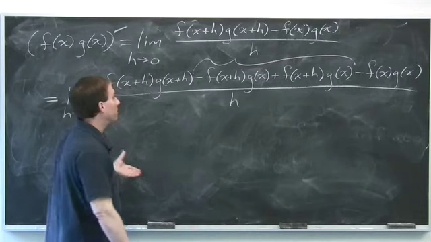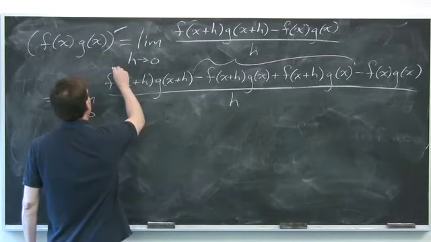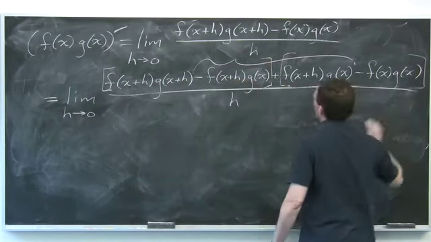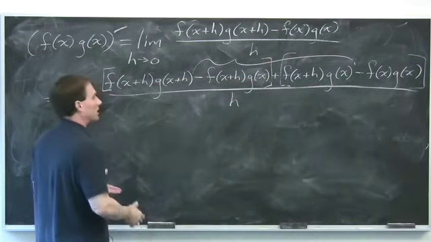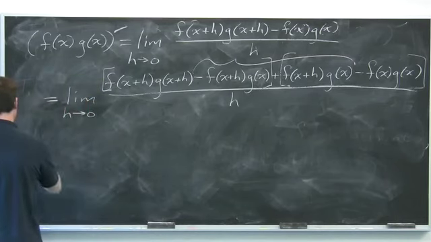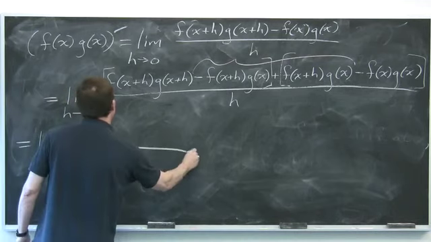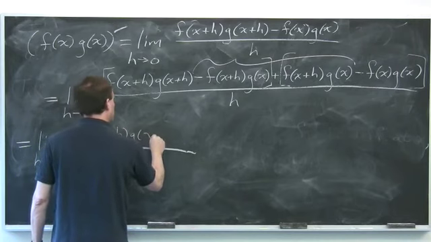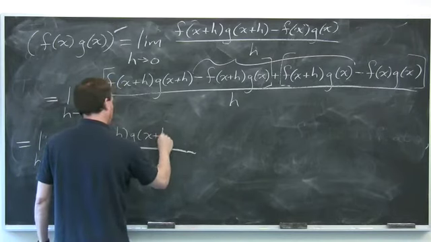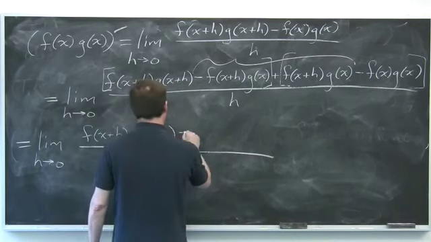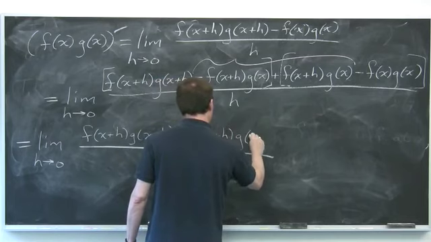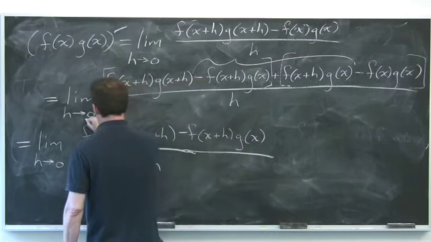It tells us how to split up this limit in a nice way, because we can split up this part and this part. So we've got this fraction. It's got a sum in the numerator. We can split up the fraction and write, this is the limit as h approaches 0 of, you get the f of x plus h times g of x plus h minus f of x plus h times g of x, that part divided by h.